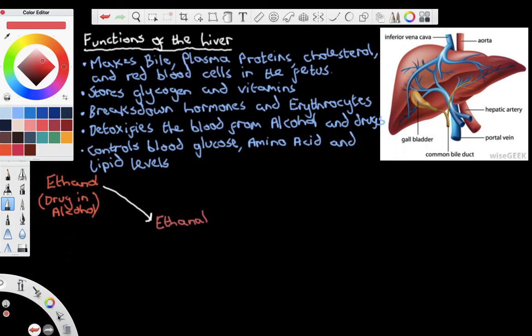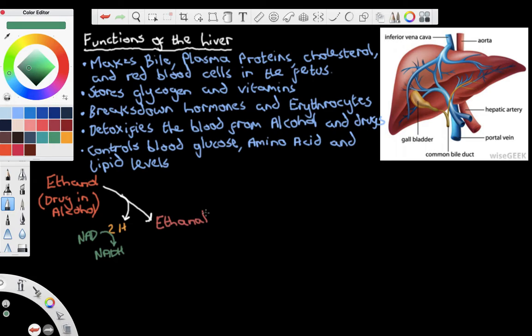The ethanol is oxidized into ethanal, by removing 2 hydrogen from it. Now, in order to do this, our old friends NAD and NADH are used. So NAD accepts these hydrogens to form NADH.